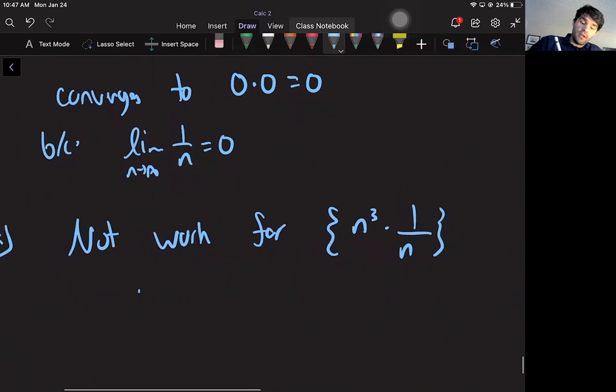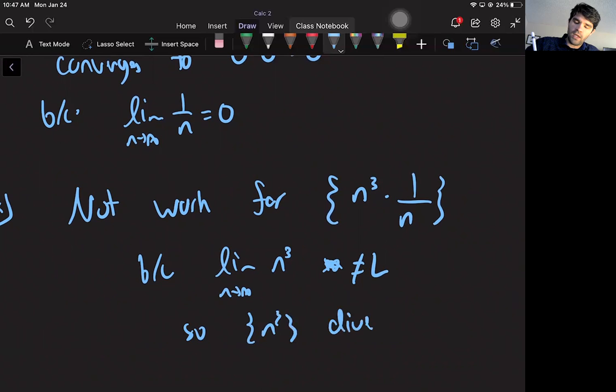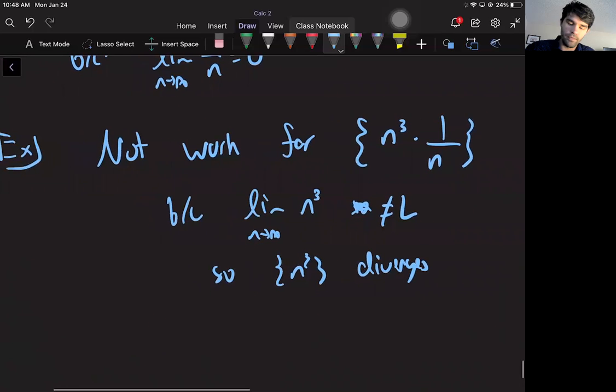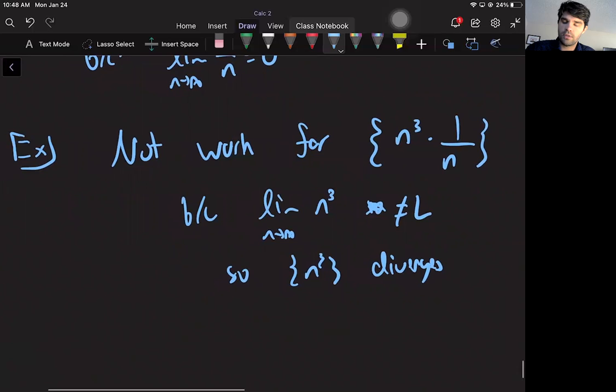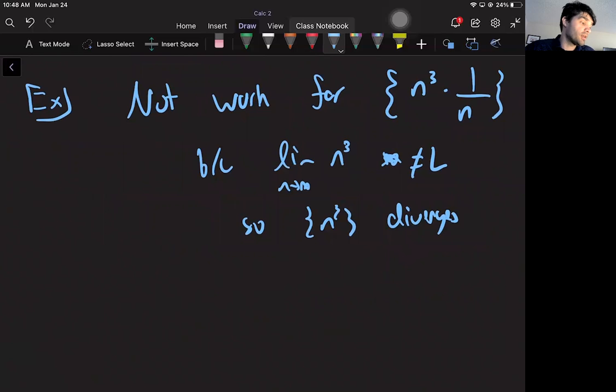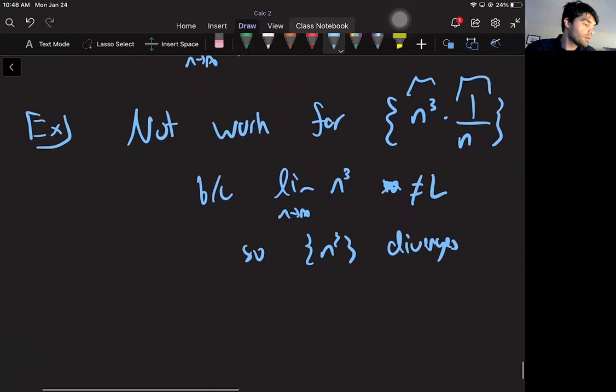This does not work because this guy is infinity, so it is not a number L. Because this one doesn't converge, it diverges, we can't do this separation thing. Of course, in this example, you wouldn't need to, because you could just cancel and simplify it. But the point is, you can't separate it unless they both converge. They need to both converge for you to be able to do this independently.